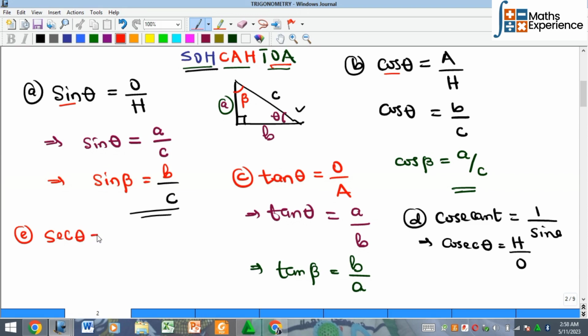So the sec of theta is simply the inverse of cos, which is 1 all over cos. And if you take cos theta, that means you should take the reciprocal of a over h. If you take the reciprocal of this, that will give you the secant.